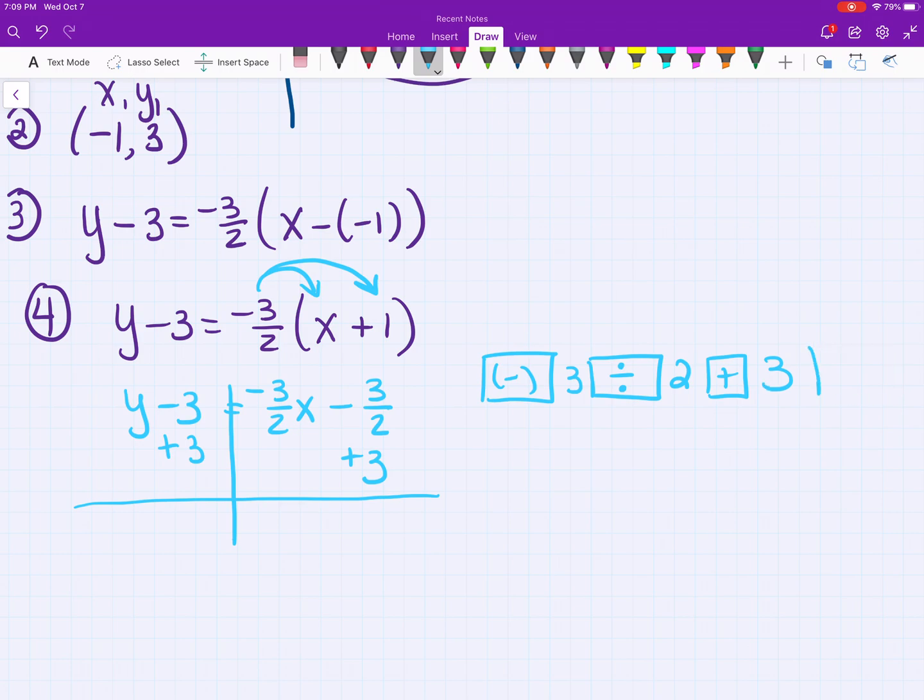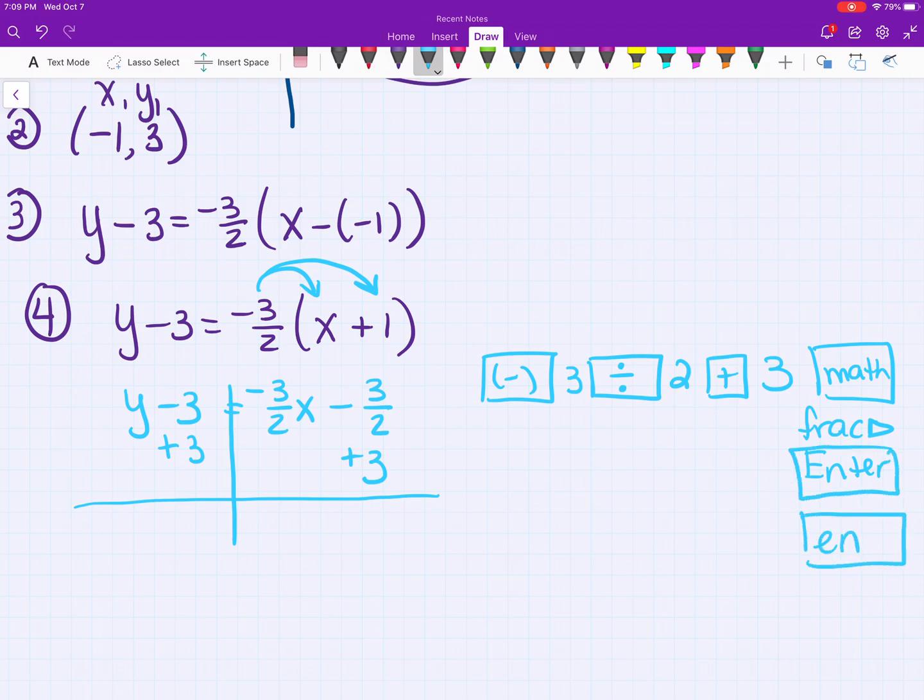Then hit your math key, choose frac by hitting enter, takes you back to your home screen, and you hit enter again. Okay? Again, the calculator is a tool so that we can move on. We can leave room in our working memory to work on the algebra.